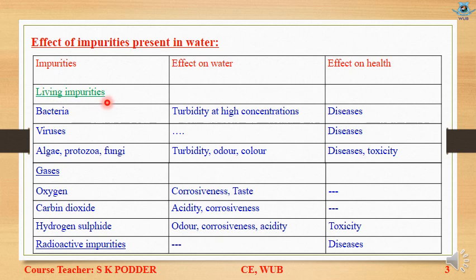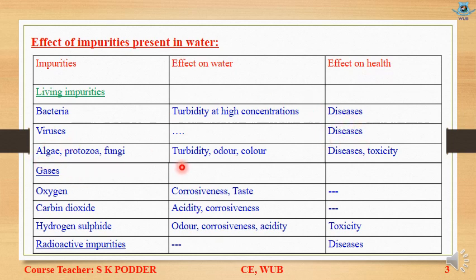Living impurities such as bacteria, viruses, algae, protozoa, fungi. So what happens? Bacteria in water cause turbidity at high concentration, and on human health, disease. That is, bacteria cause different types of disease on human health. Viruses also cause disease.